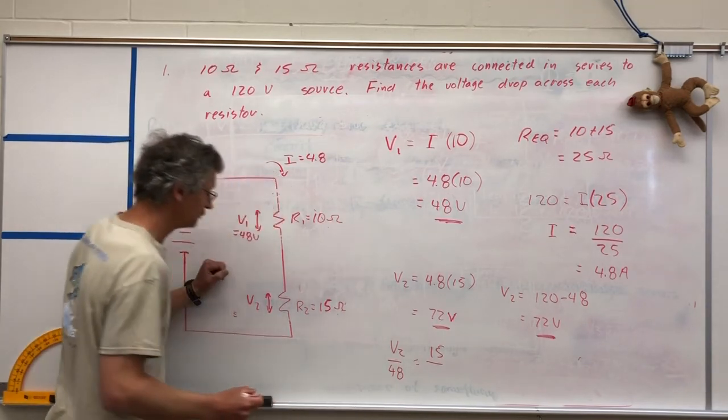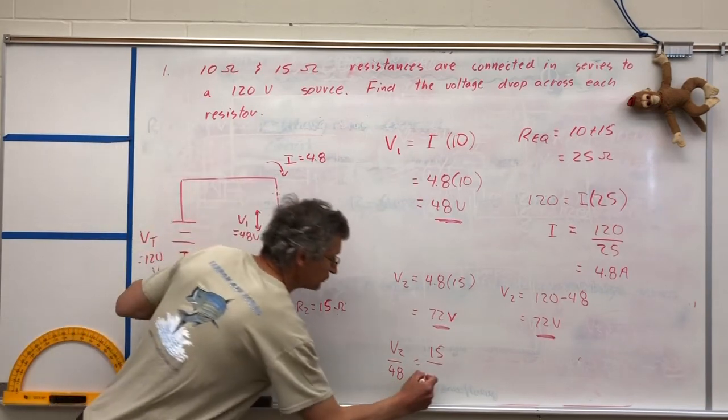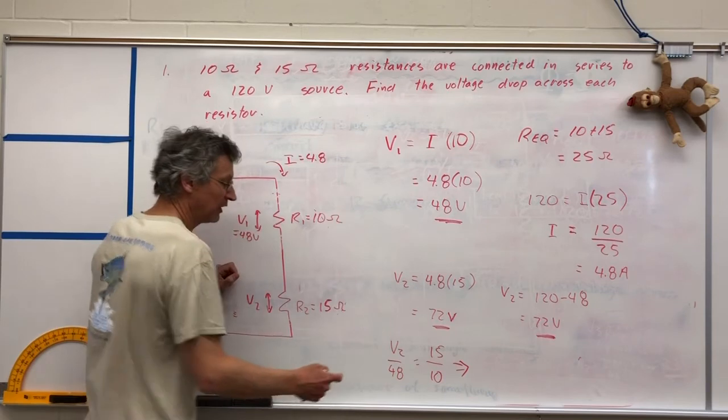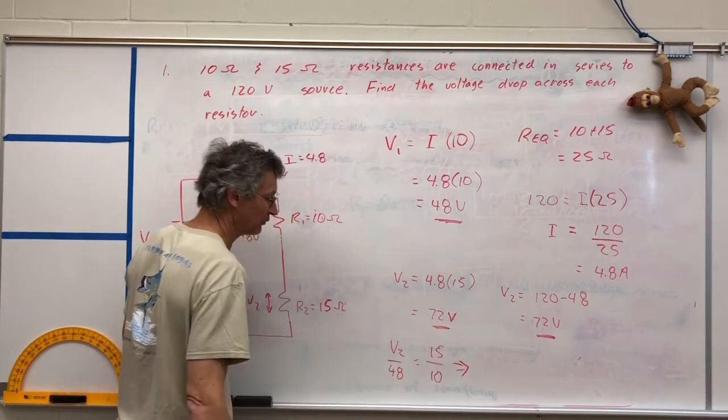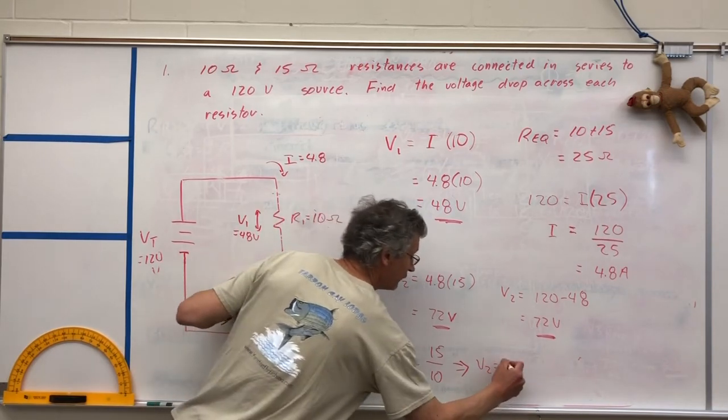You can write ratios involving them. And if you solve this equation, you take the 48 over to the other side, it goes upstairs. You're going to get your 72 volts that way.